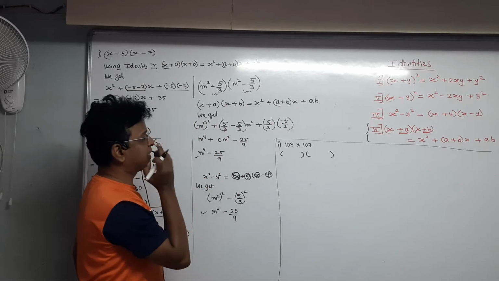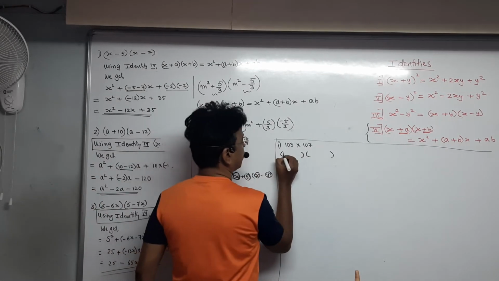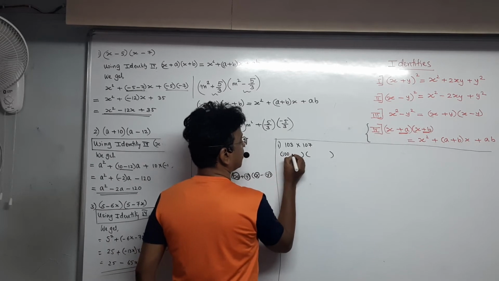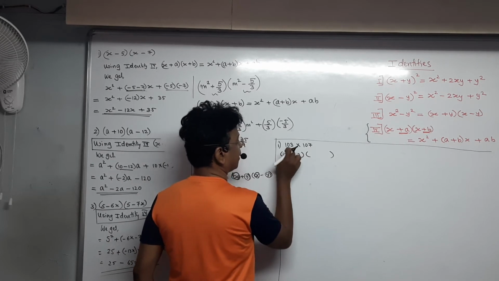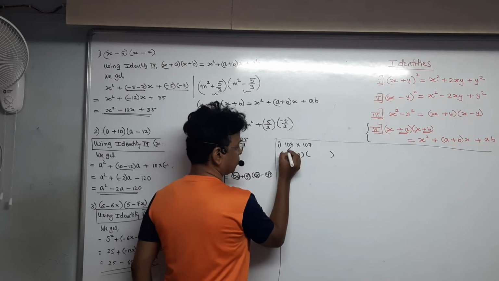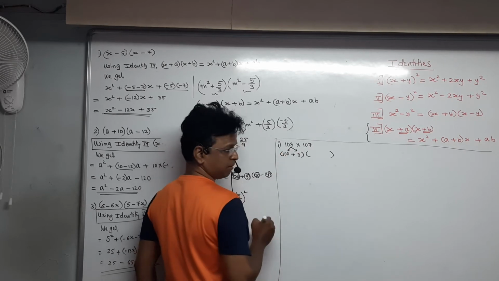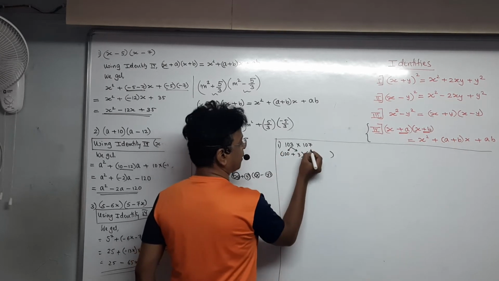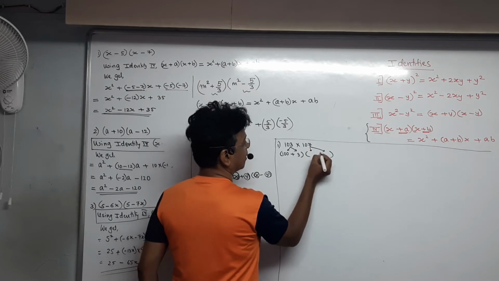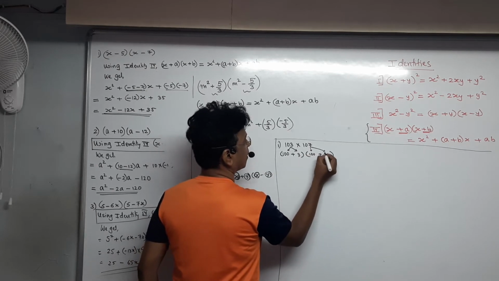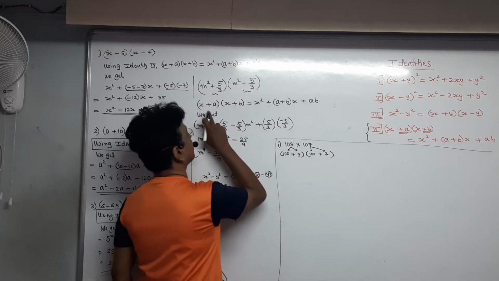So I can write 100 plus 3, which is 103. At the same time, if I split the other, I will get 100 plus 7. So this has now become of this type.